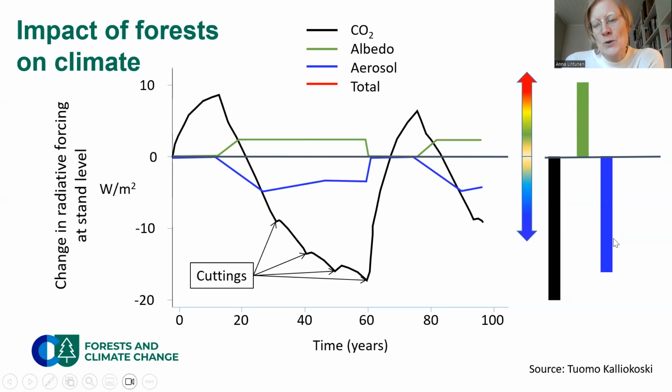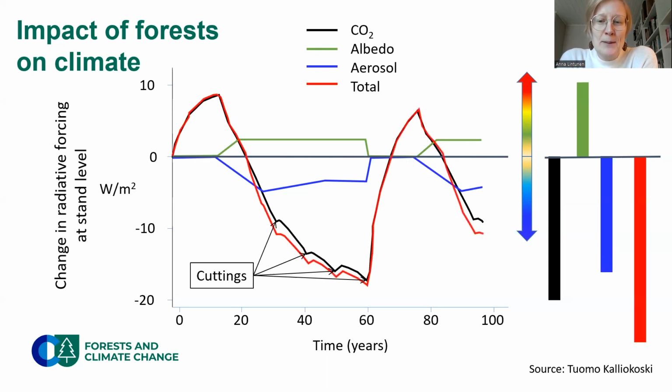And here we can see on the right the total impact of aerosols in blue color, and this is a cooling impact. And then in the end, let's look at the total impact when all these are summed together. We can see that the total impact on climate follows quite nicely the carbon dioxide impact in this case, because the albedo and aerosol impacts more or less counterbalance each other.